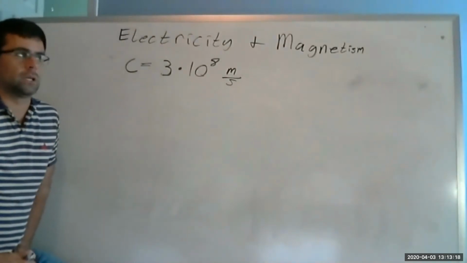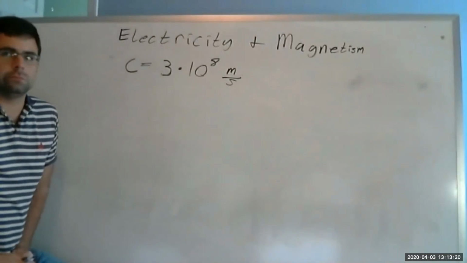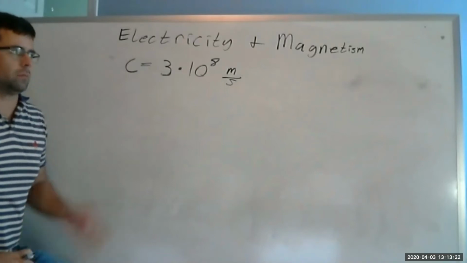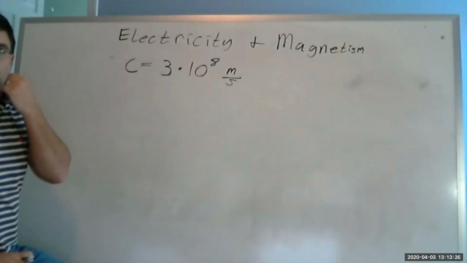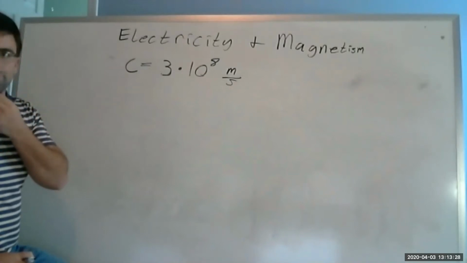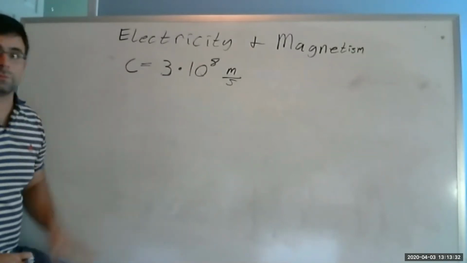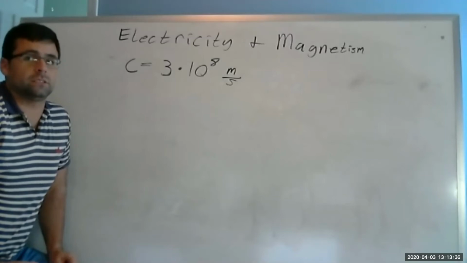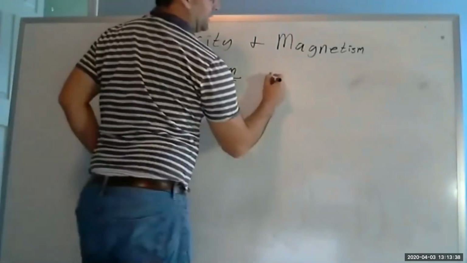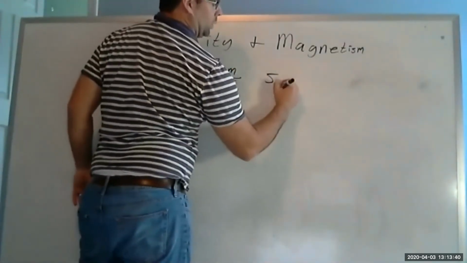It doesn't matter. There are some minor differences, like if you're going through a material, the speed changes, but going through the air or space, the speed of light is constant. This is definitely something that you're going to want to remember.